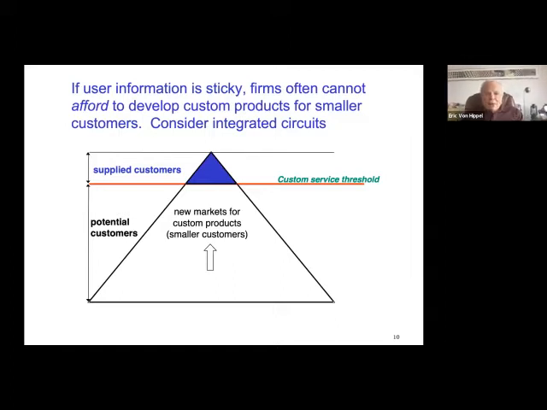So in the early integrated circuit field, they either made standard circuits, or if you wanted a custom circuit, you had to order some millions of them to justify the cost. And the rest of the market, potential customers, simply was not served.